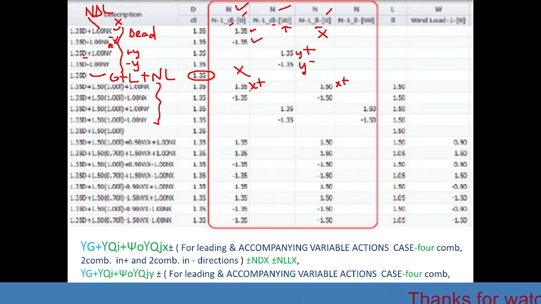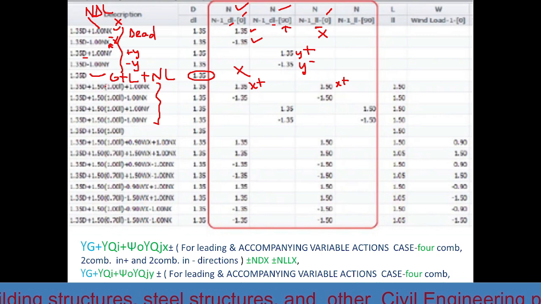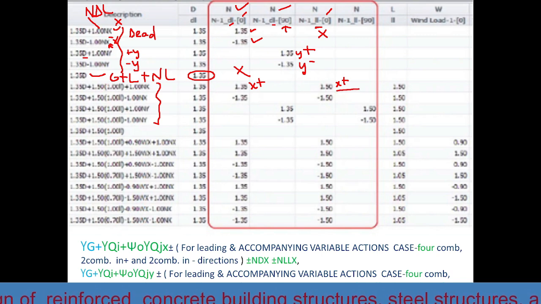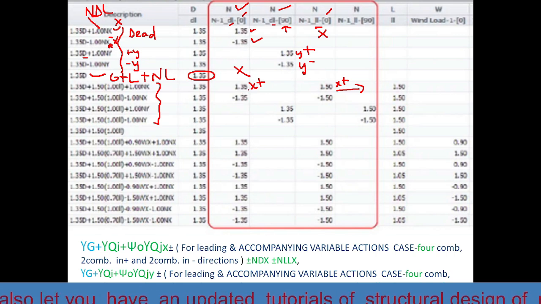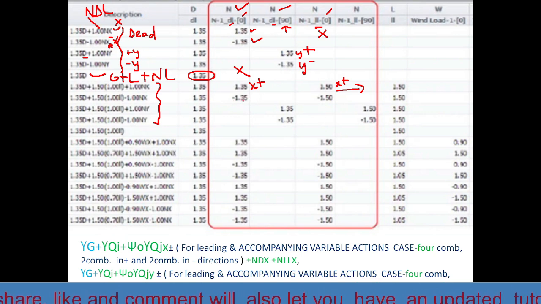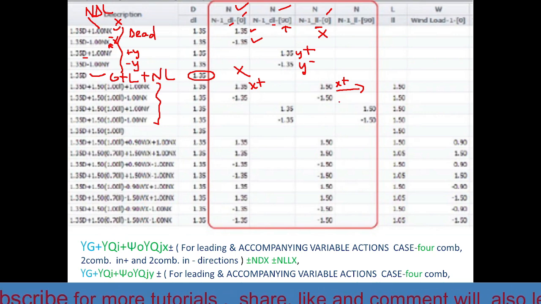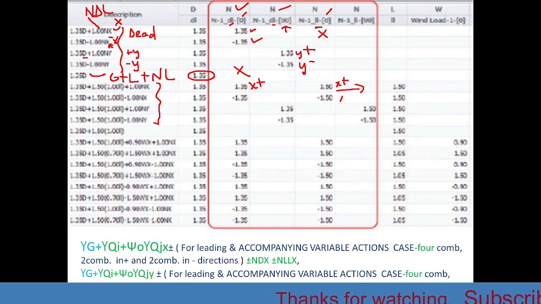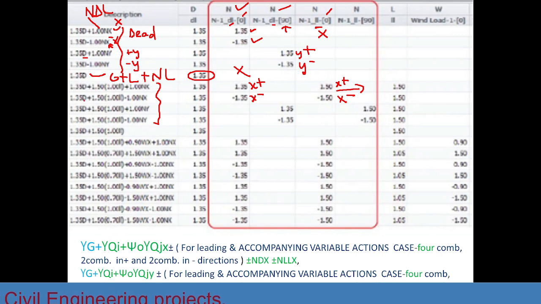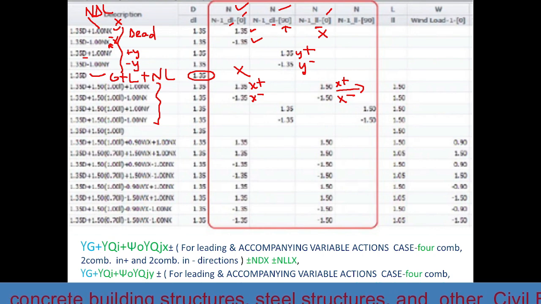So 1.35 dead load plus 1.5 live load plus 1.35 dead load plus 1.5 live load will provide one of the combinations, and the other in negative x direction, that is 1.35 dead load plus 1.5 times the live load in x minus direction, plus 1.35 dead load plus 1.5 live load will provide the second combination.